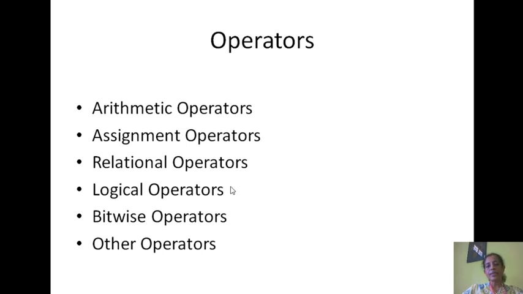And the last category is the other, or special, category. In the special category we get some special operators like sizeof and the comma operator. These are special operators used in the C++ programming language. The sizeof operator gives the size of a particular variable.